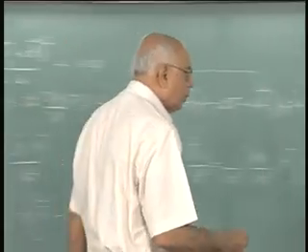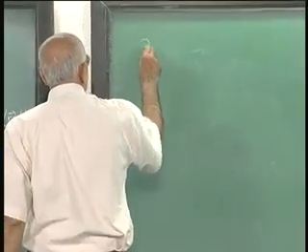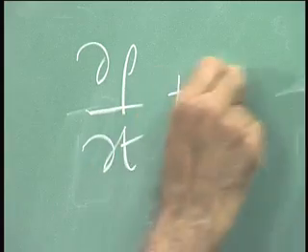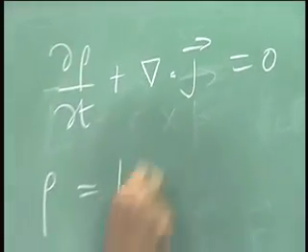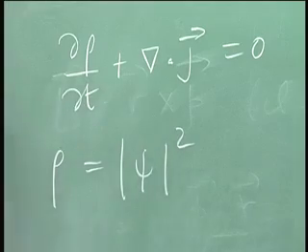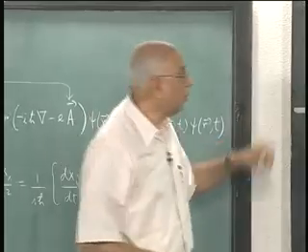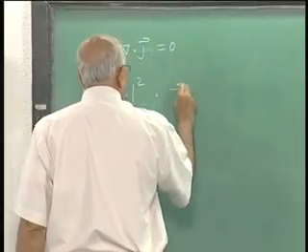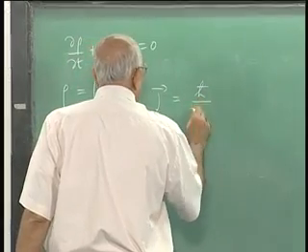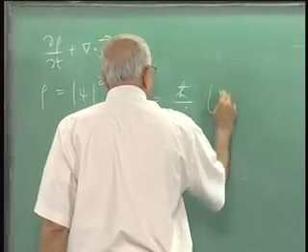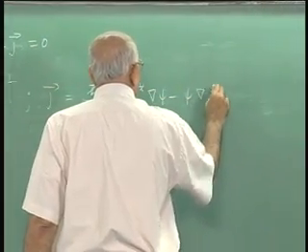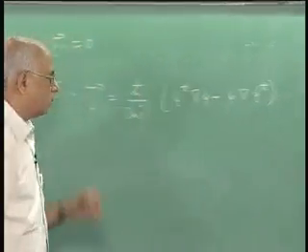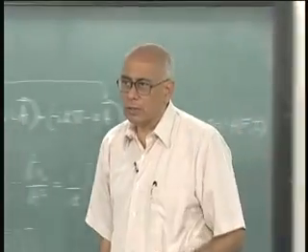If you recall, the probability current was the following: delta rho over delta t plus del dot j was equal to 0, where rho was equal to mod psi squared, that is the probability density, and the corresponding probability current J was equal to h cross over 2mi times psi star grad psi minus psi grad psi star. This was the definition of the probability current.